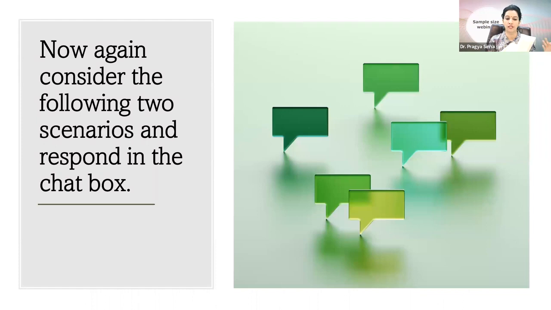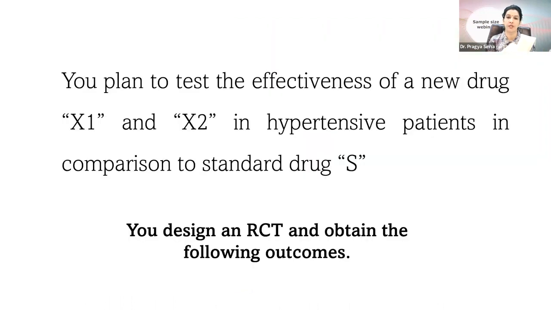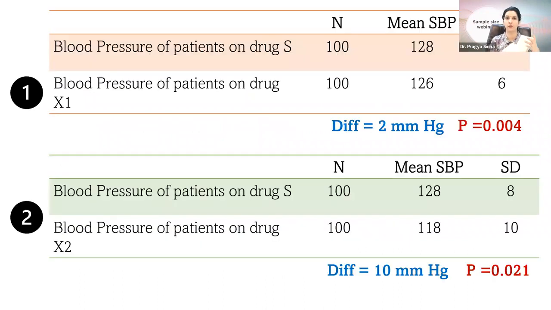So now consider again the following two scenarios. I plan to test the effectiveness of a new drug, X1 and X2, in hypertensive patients in comparison to the standard drug S. The sample size is the same: in both arms it is 100, and in the X2 also it is 200.